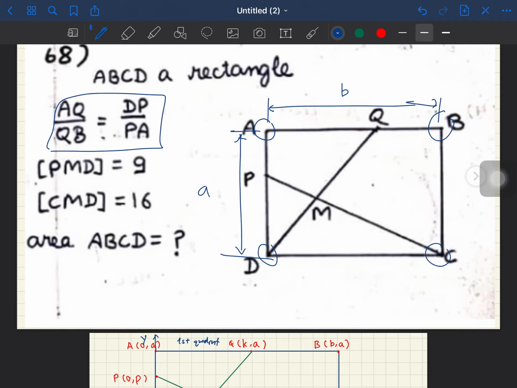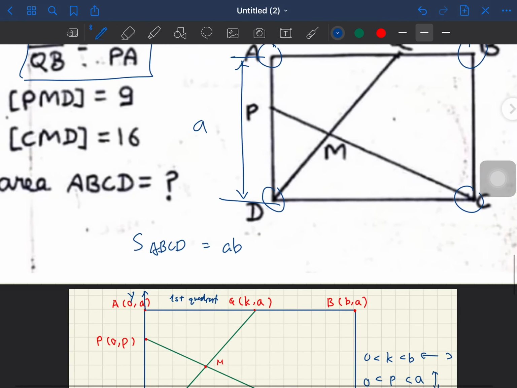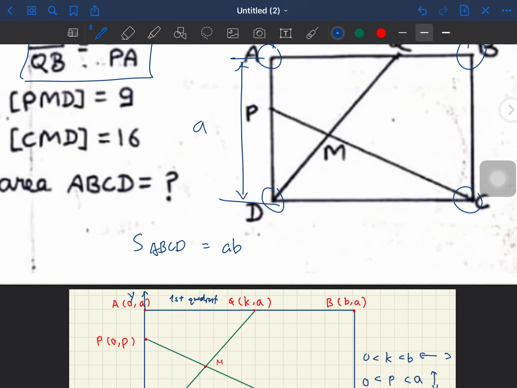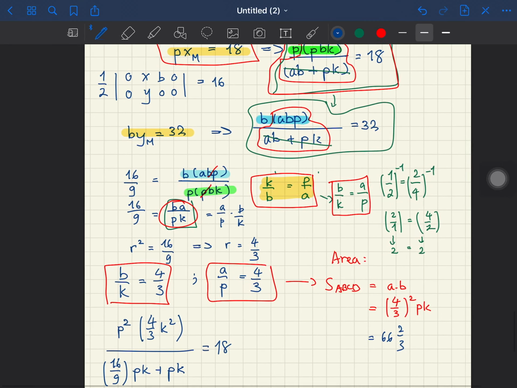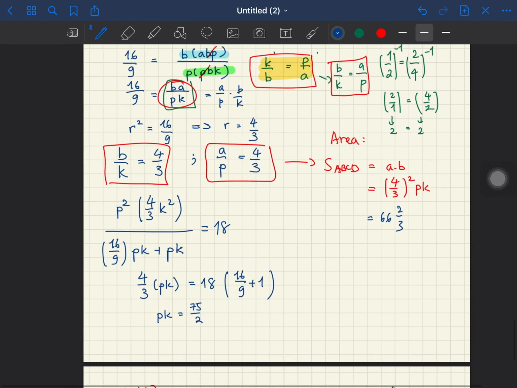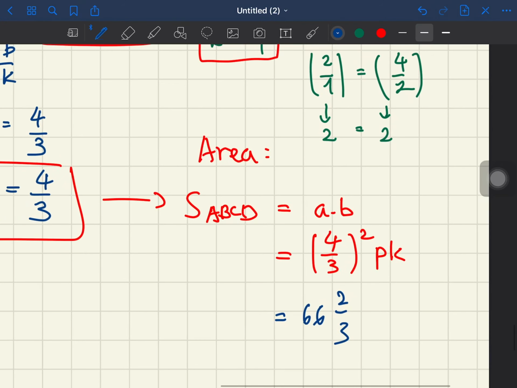And so the area of ABCD equals AB. So we had just done the substitution of A and B in terms of P and K respectively. And so you can see here, this red one, AB, and then I get 4 over 3 squared PK.